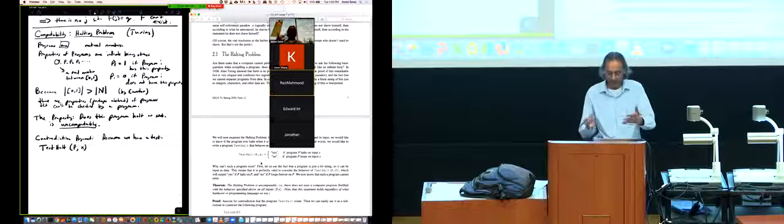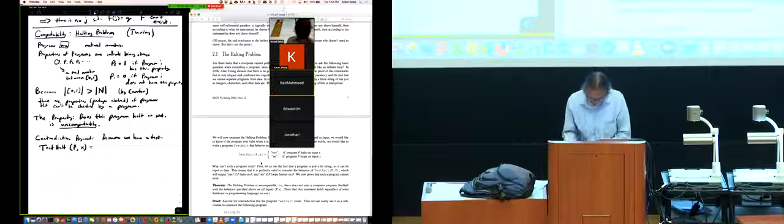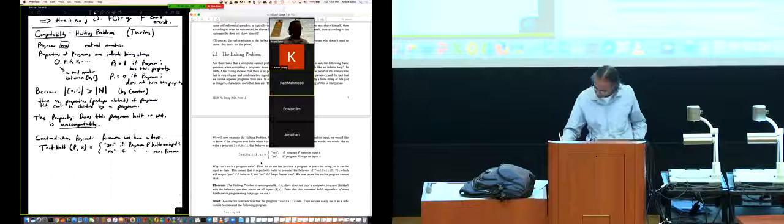So you have a program, you feed it an input, and this says, yes, if program p halts on input x, and no, if program p runs forever on input x.